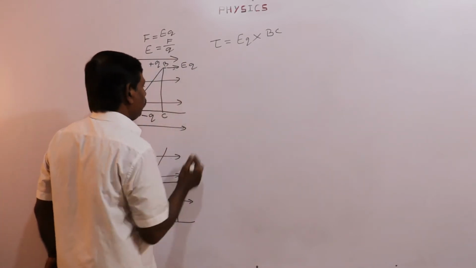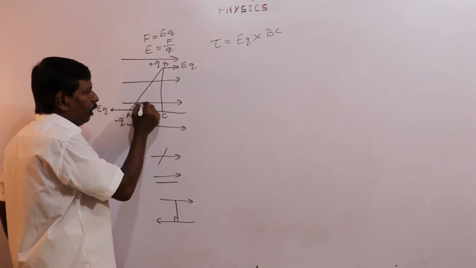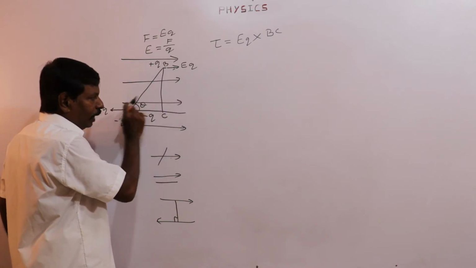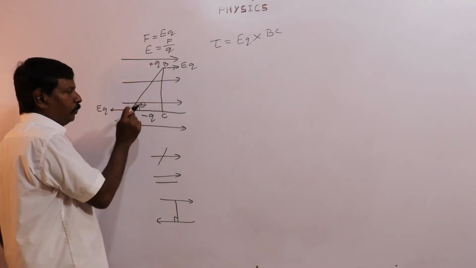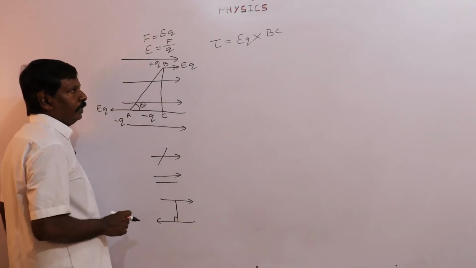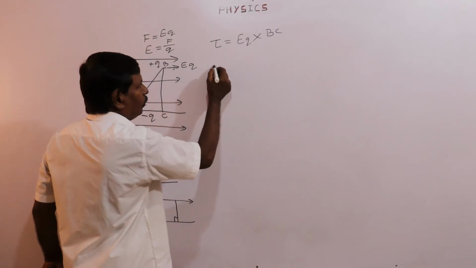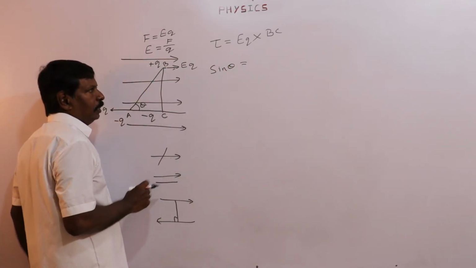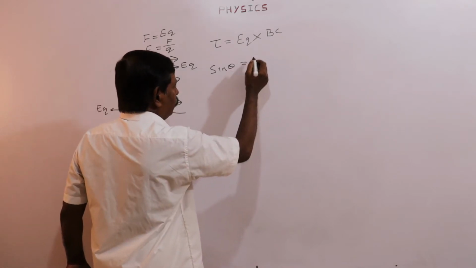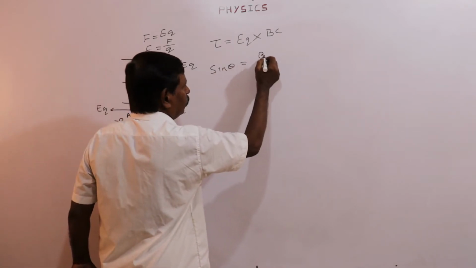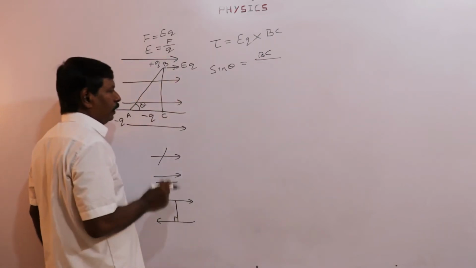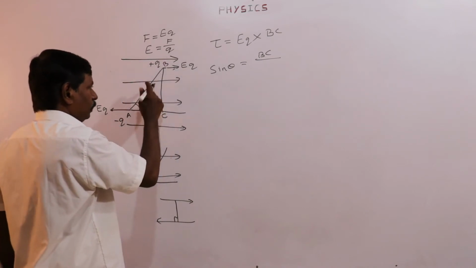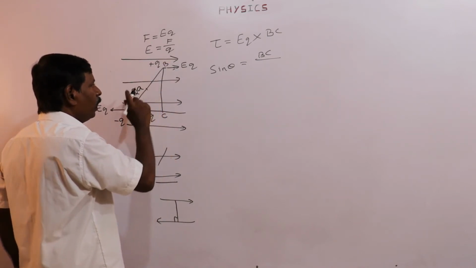To calculate the value of BC, we take the angle theta made by the electric dipole with the electric field, and use sin theta. Sin theta is equal to the opposite side, the perpendicular distance between the two forces, divided by the hypotenuse, the total length of the electric dipole, which is the distance between the two charges, 2a.